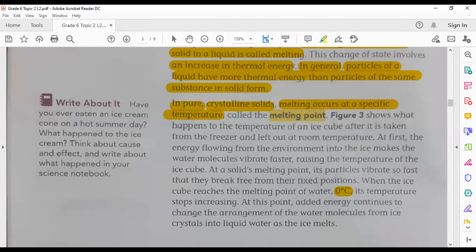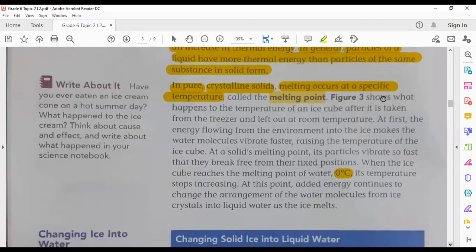Figure 3 here shows what happens to the temperature of an ice cube after it is taken from the freezer and left out at room temperature. What happens to an ice cube when you take it from the freezer and leave it outside at room temperature?